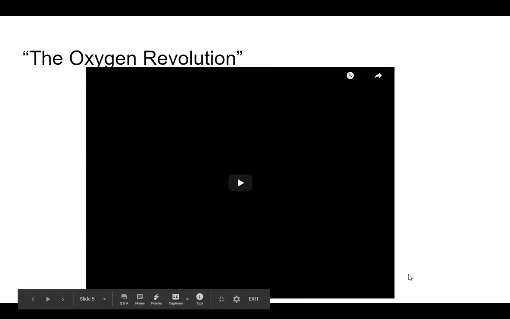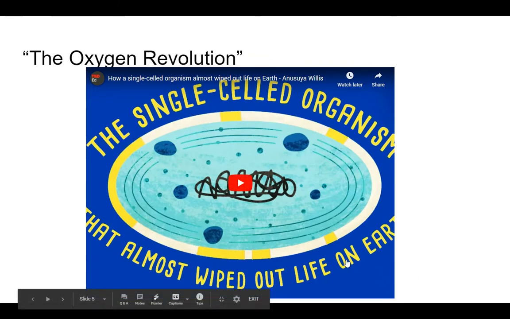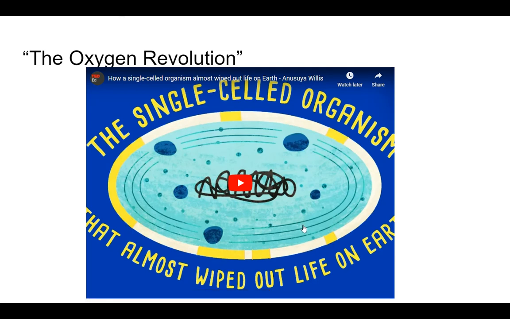Now, this whole thing that I just talked about is something called the oxygen revolution, where we see a pretty intense shift in early Earth's environment. It used to be full of lots of crazy chemicals. Now it's full of a lot of oxygen. So this video will help us very quickly to recap that idea. Watch along with me.